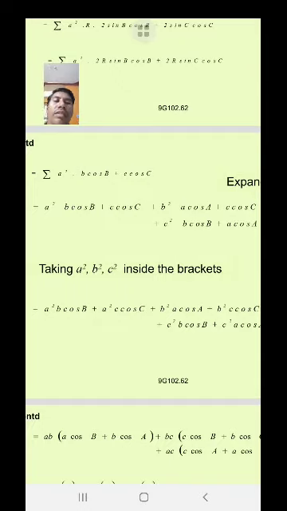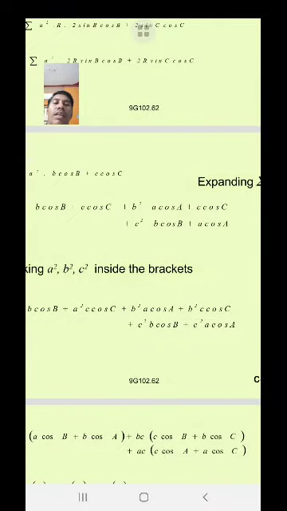Here the order is shuffled, but the meaning is the same, plus c square into, again a after b, so b cos b plus a cos a.